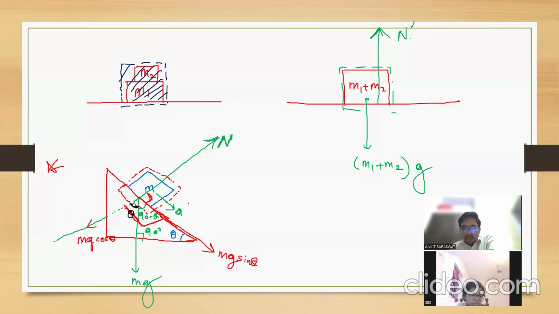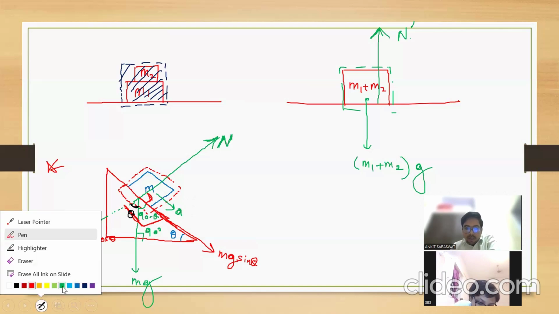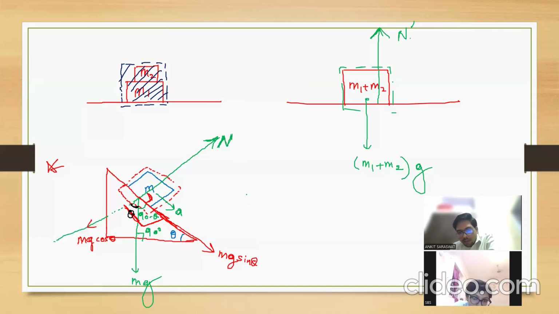Now in this question, where will you take x and y? If you draw the free body diagram separately, you will draw mg like this.